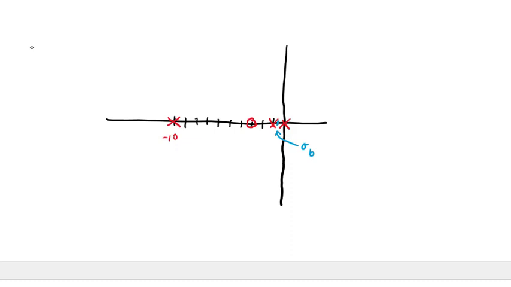And then how about if I draw in the asymptote lines. Now when we calculated those out, we found those to be at -4. So let's see, this is at -3, so it's right there, and it's plus or minus 90. So it's straight up and down. Oops.